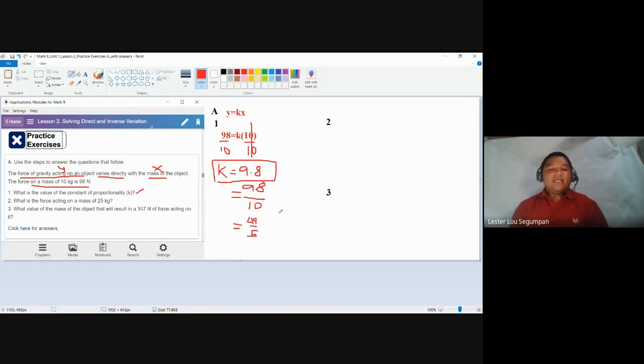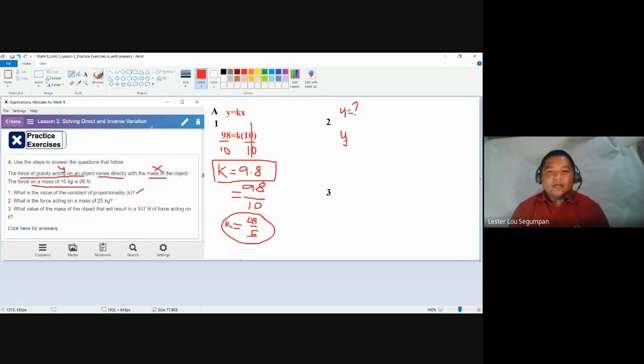Number 2. I will use this k in the next problem, since I don't have calculators here. What is the force? We are asked about the y. What is the force acting on a mass of 25 kilograms?